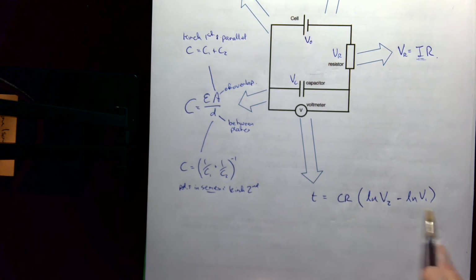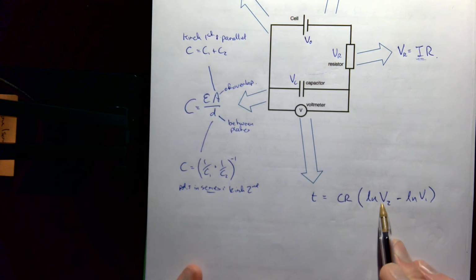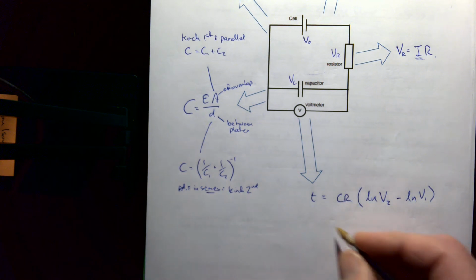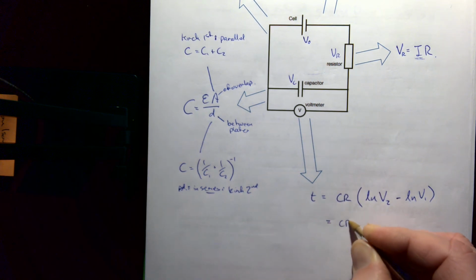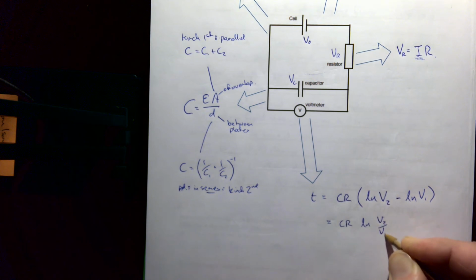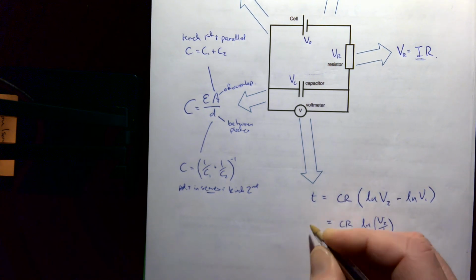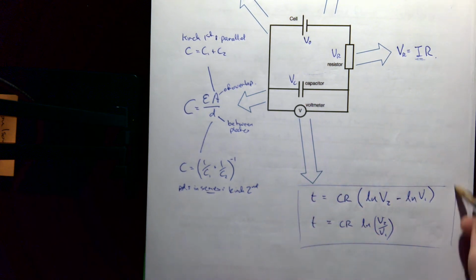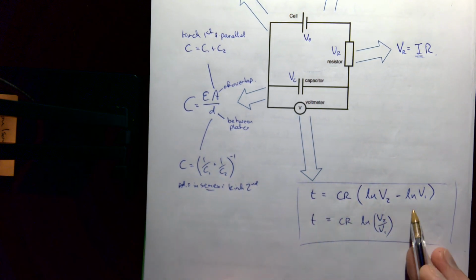Notice they might not go to 0, it might not start at the maximum, but as long as you've got a difference in voltage, or a fractional change of voltage, so t equals CR log of V2 over V1. They are the equivalent, they're useful, and maybe that looks nice and symmetrical for your brain.